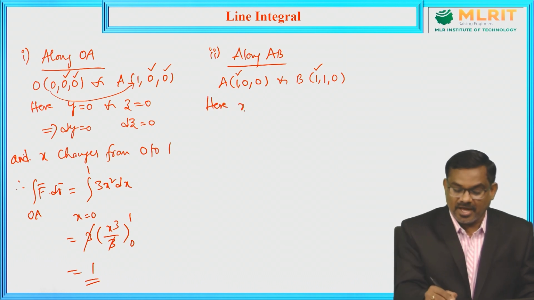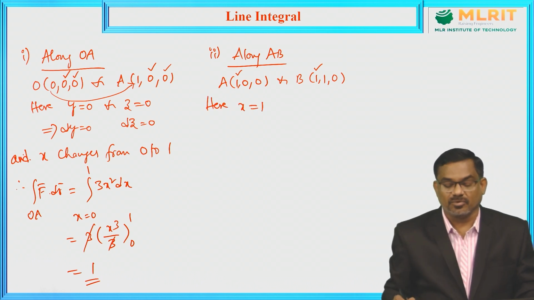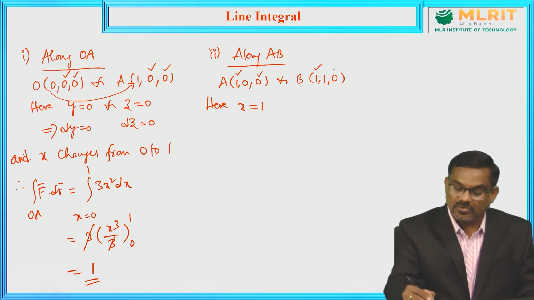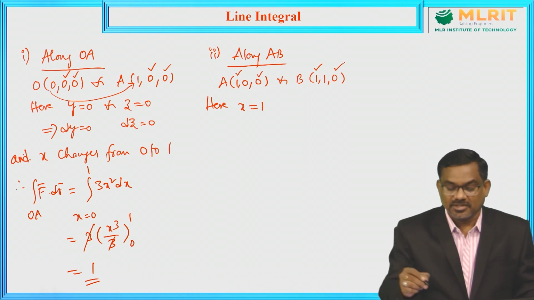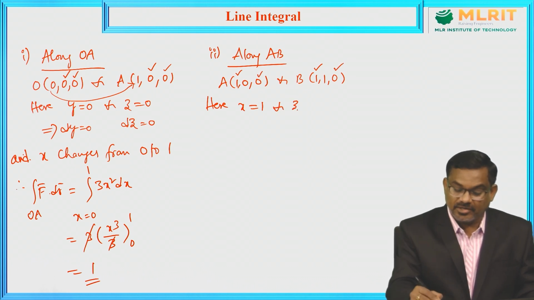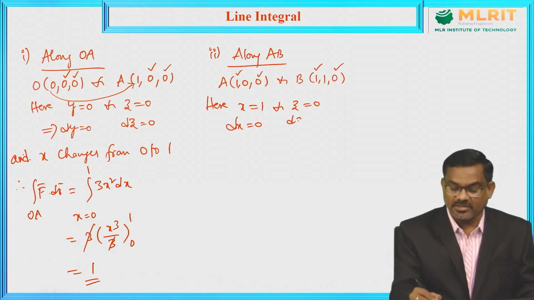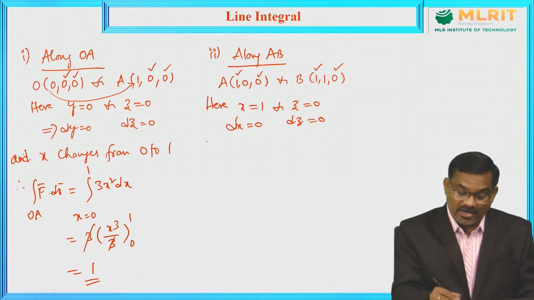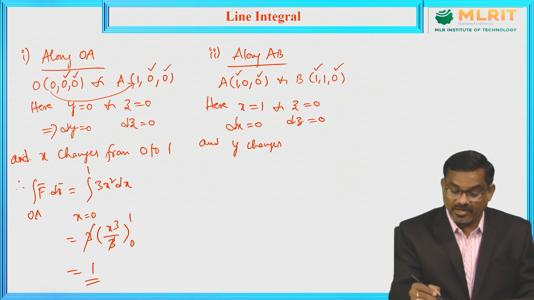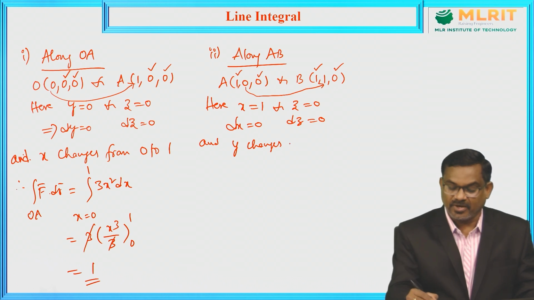So we can fix x equal to 1, and z is 0 at both points. So z equal to 0. So dx will be 0 since x is a constant, and dz is also 0, and y changes from 0 to 1.